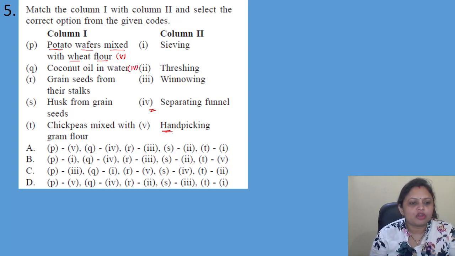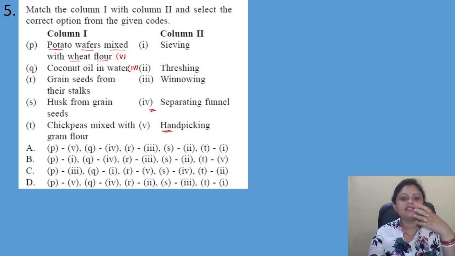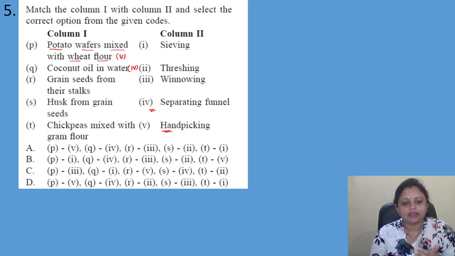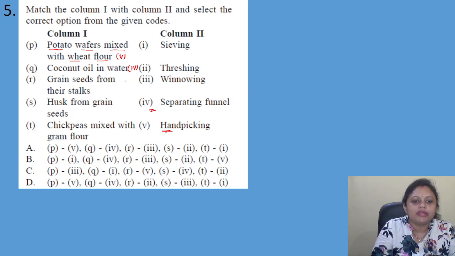Then grain seeds from their stalk. So grain seeds जो है उसको हम उसके stalk से separate करने के लिए we use the technique that is threshing. We beat it, okay, and it gets separated. So here we can write threshing.